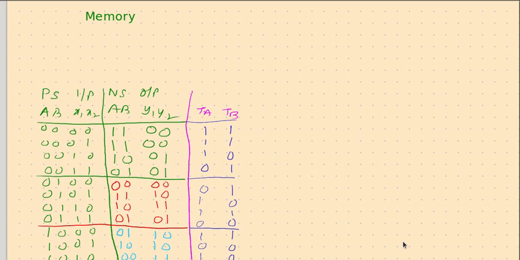We are working on synchronous sequential circuits. We have seen some basics about memory. We were implementing synchronous sequential circuits from scratch. We started working with the gate version. Then when things became very complicated, we started using higher-level blocks like multiplexers and decoders.